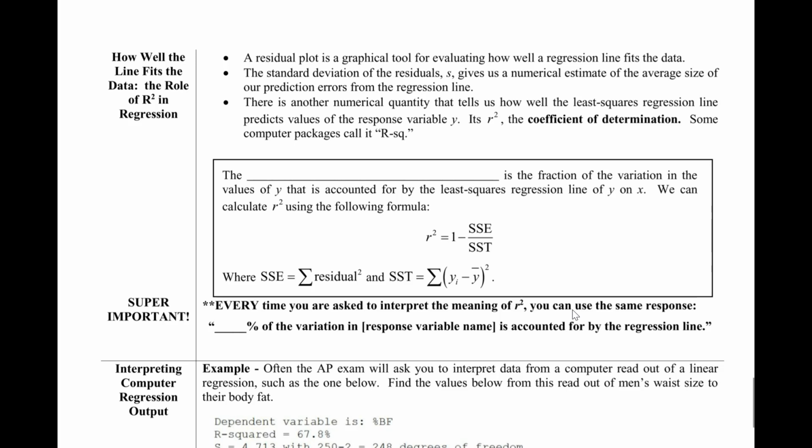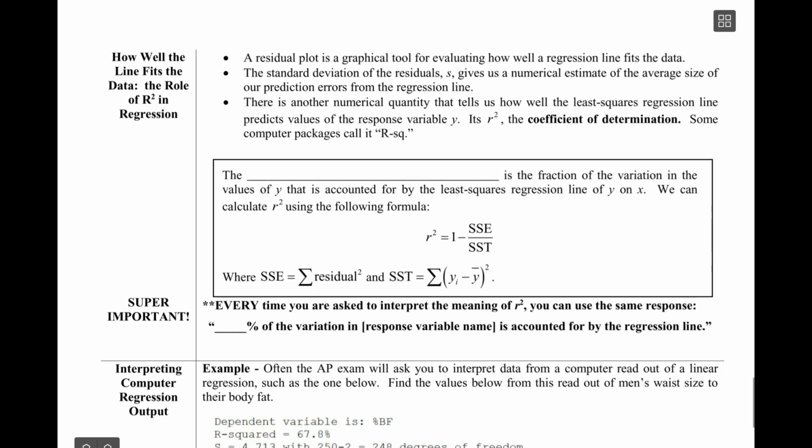So this is where it's coming from. So the better fit we can make all of those little squares, the more data we can capture with our regression line. So let's take a look at what's going to go in the blanks here.